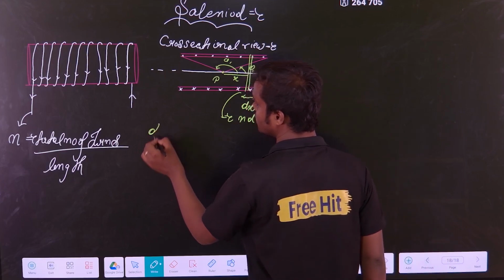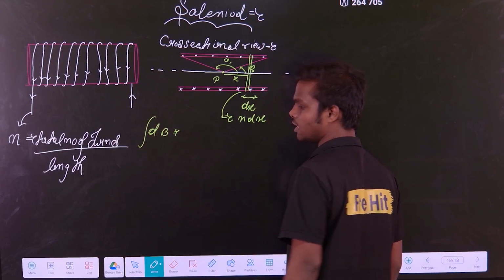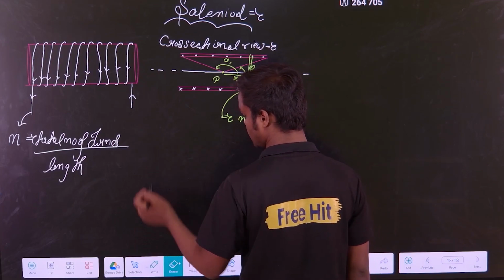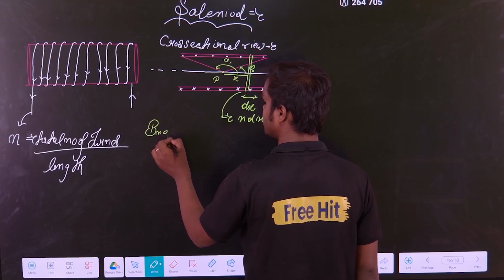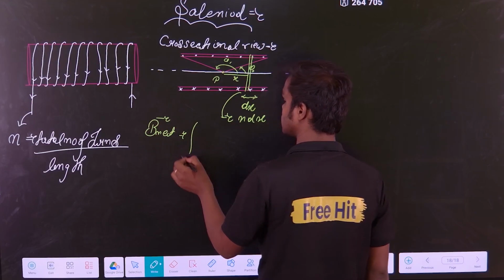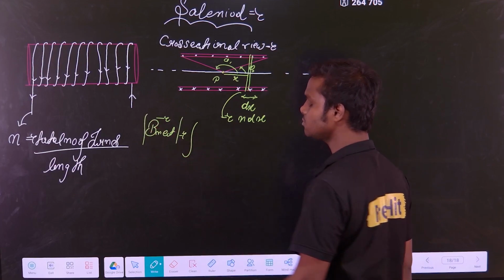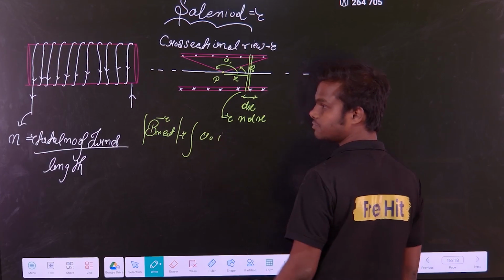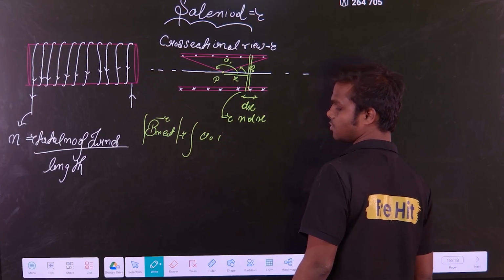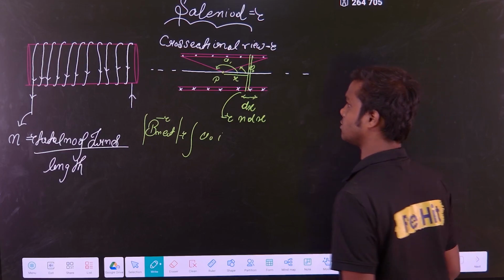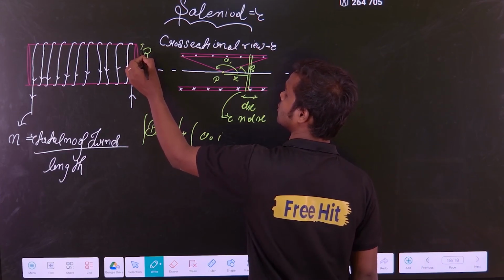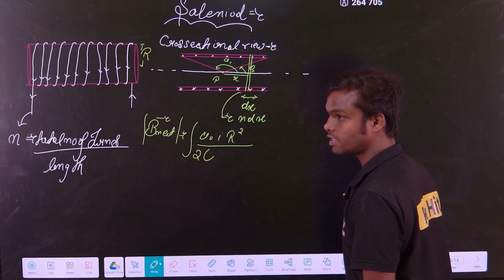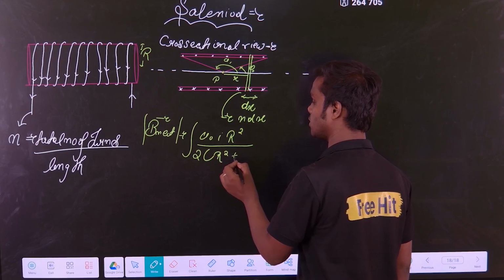So we will write B net is equal to the integration of mu naught I r square, divided by 2 times, what is the radius? Suppose the radius is r, r square.